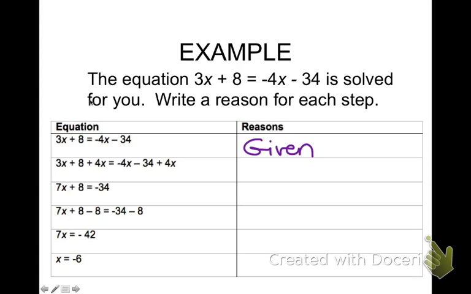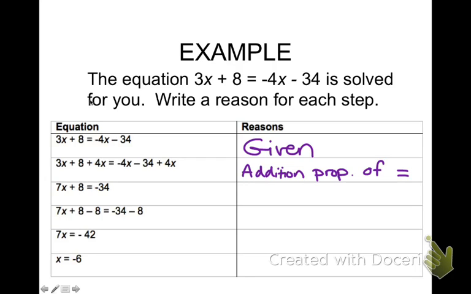So because we added 4x to both sides, that would be which property? Good. So we're going to write out addition. The only thing I'll let you be lazy about is writing the word prop for property. So the addition property of, and I'll let you put a little equal sign for equality instead of writing equality out.